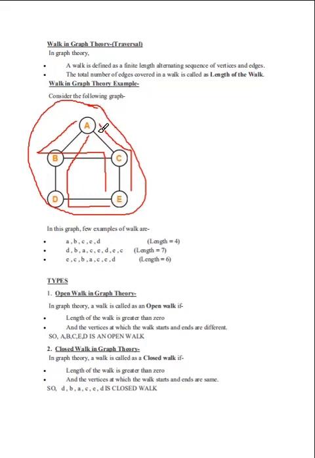And one more walk is there. This walk is from A to C, C to B, B to D and D to E. So here itself I have made four different ways through which I can reach E. Just understand that a walk is a sequence of vertices through which you traverse.